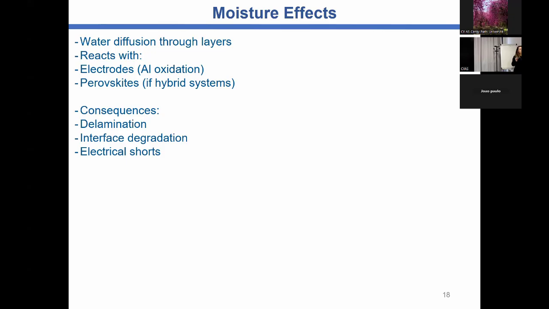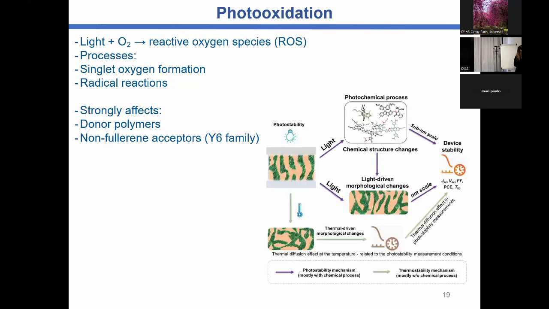So usually when moisture comes, the PSS delaminates the interface because of its solubility in water. This is the interface degradation because of the moisture. So the water induces charge traps in the interface, and it can also cause some electrical shorts because of the water intake.